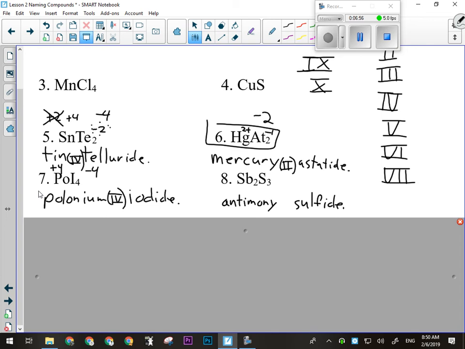So I have 6 negative charges here. That means that from the antimony, and I have 2 antimonies, I have to get 6 positive charges. What's 6 divided by 2? 3. So the charge on antimony must be +3. So this is going to be antimony 3 sulfide.